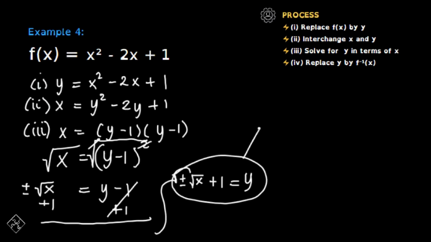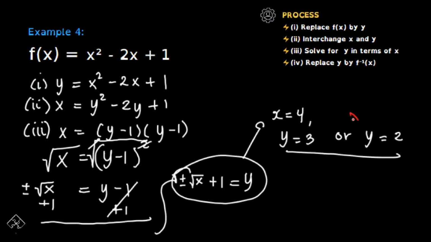If in case, no, nag-plug in tayo ng x equals 4, pwedeng ang sagot natin ay mayroon tayong y equals 3 o kaya naman y equals 2. So, hindi yun pwede dito. Okay? So, hindi yan pwede dyan.